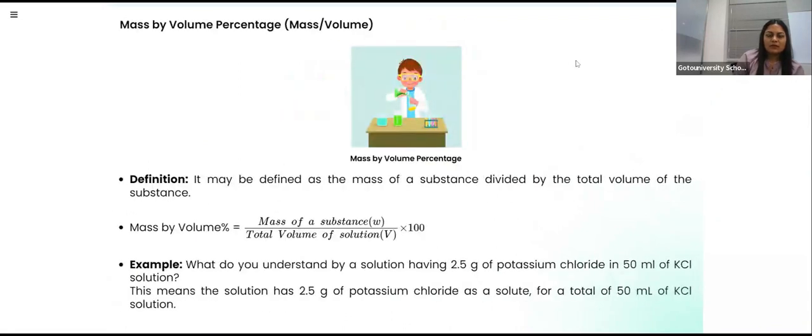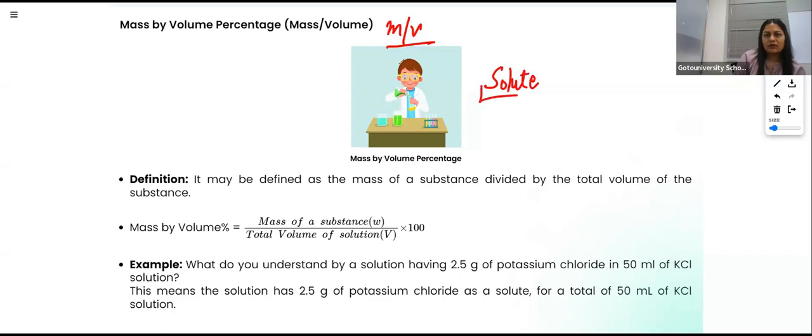Third is mass by volume percentage. We will do the worked examples and questions later, and we will use these formulas to calculate concentration of solutions in numericals, right? The third is mass by volume, where we are taking a solute.